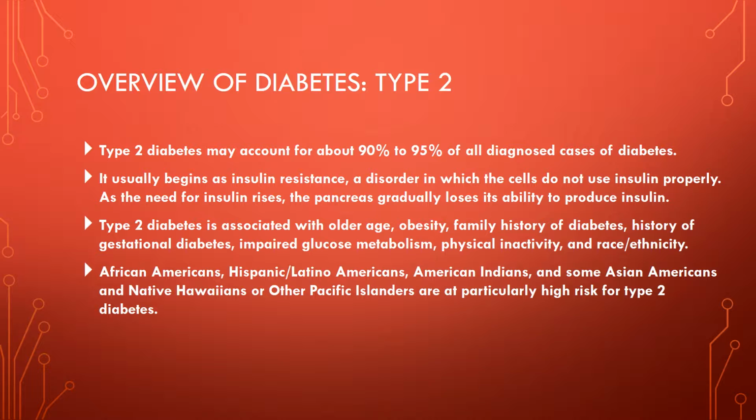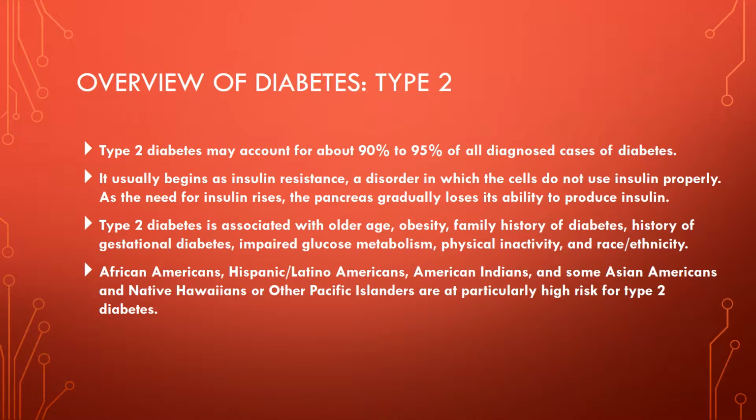So type 2 diabetes is associated with being older, with being obese, having a family history of either type 2 diabetes or gestational diabetes, which we'll talk about shortly, being inactive, and certain races and ethnicities. Particularly, there's higher risk of type 2 diabetes in African Americans, Hispanic and Latino Americans, and American Indians.